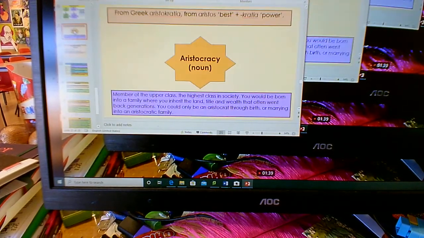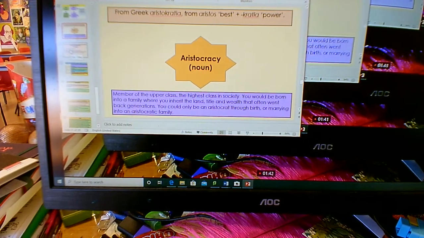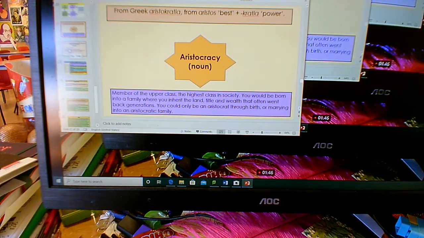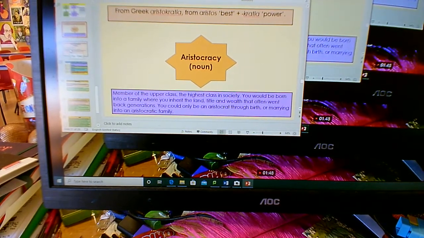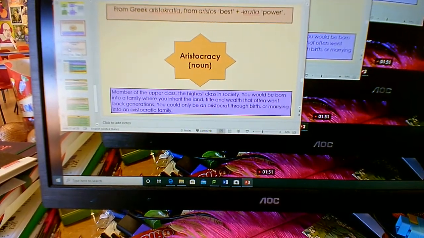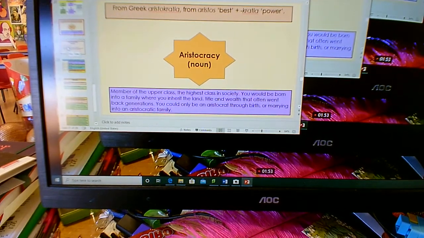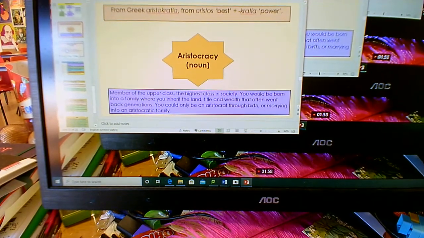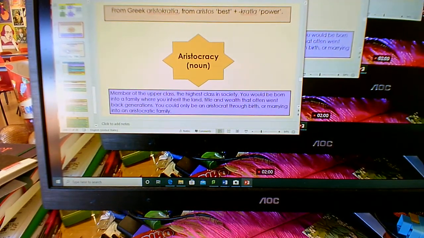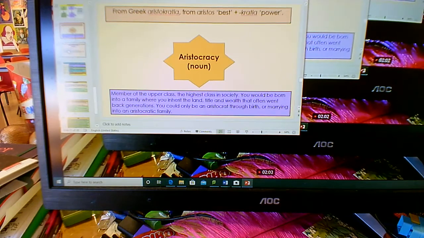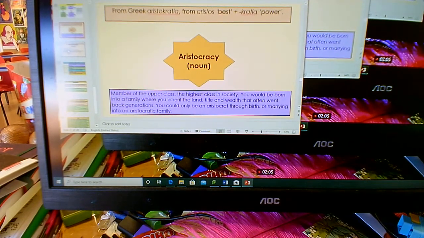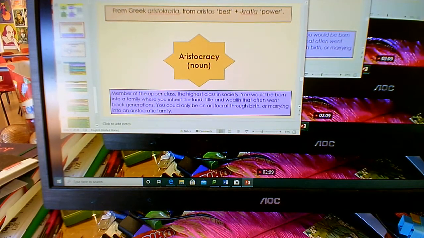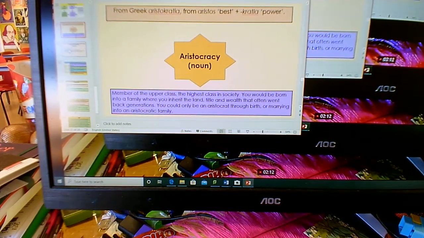So, an aristocrat is your upper class. Okay, you're very, very top of the social ladder. Now, the only way to become an aristocrat is to either be born into a family where you would inherit the land and the title and the wealth that would often go back generations and generations and generations, or you could marry into an aristocratic family, but it was very much something you were born into or you could marry into.